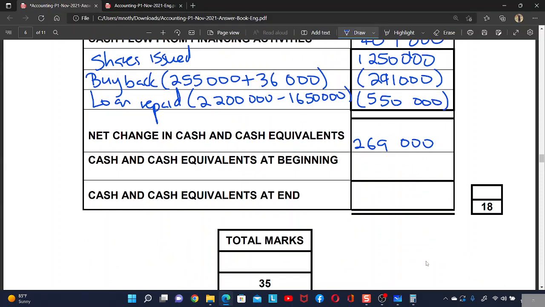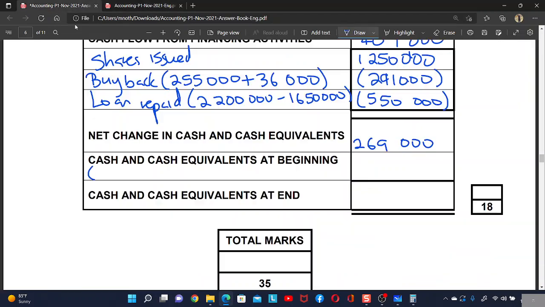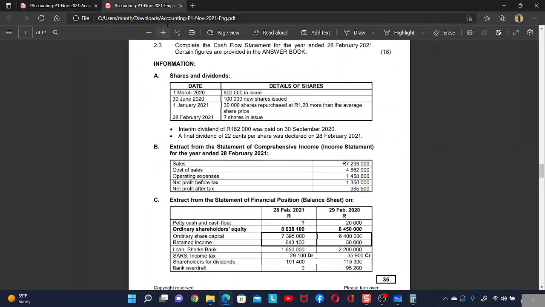Then we have the cash and cash equivalent at the beginning of the year. So let's look at our cash. The petty cash at the beginning is 20,000. And then also we have the bank overdraft.